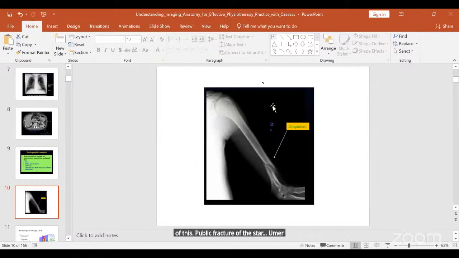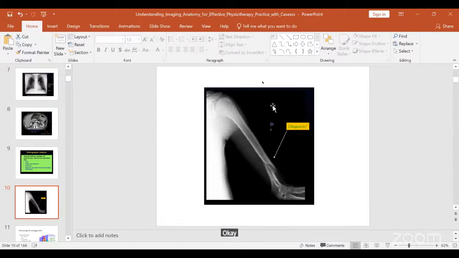So many radio physiotherapists too. Okay, so fine. For us, the first thing we do is to describe it. Oblique fracture of the distal third of the humerus. Once you begin to call it oblique, you've already concluded.